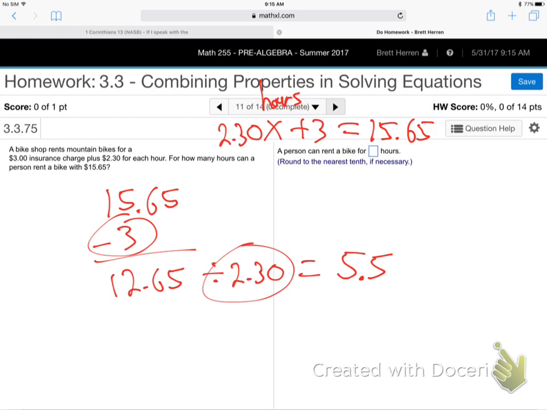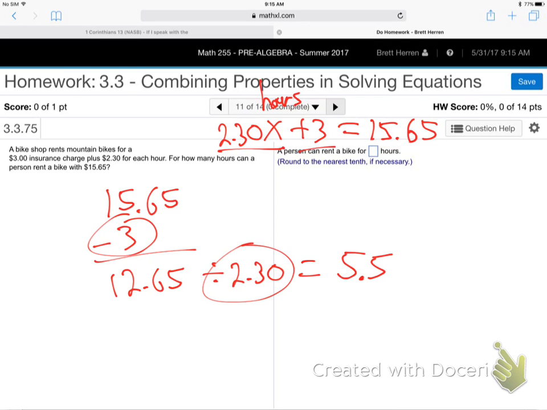That's what they're going to show you formally in the equation. And that's true. It's not easier, but true. Then they would say solve for x, solve for the hours. See how I came up with that equation? $2.30 times however many hours, plus the $3 insurance equals the $15.65.